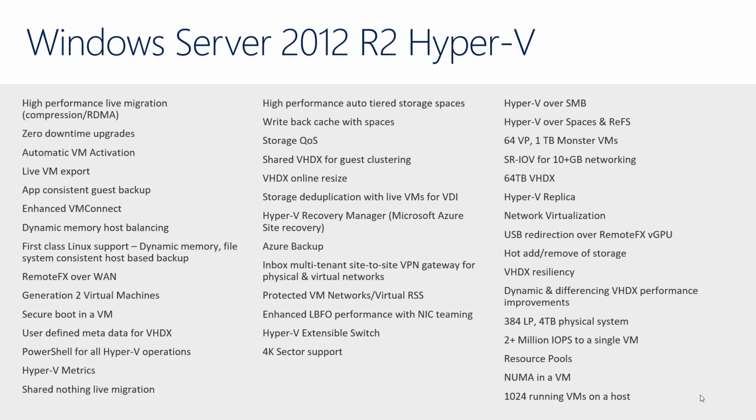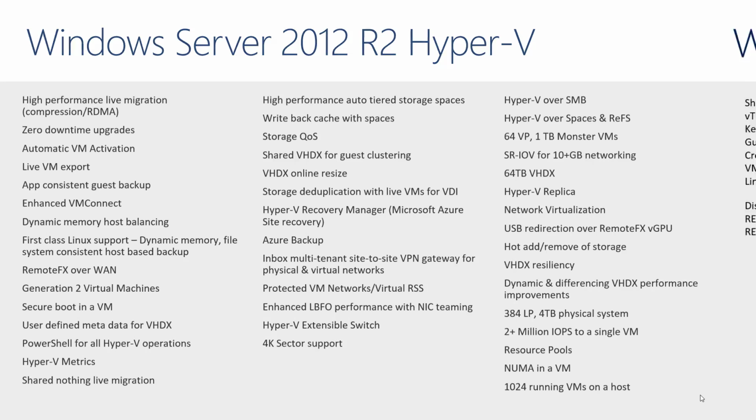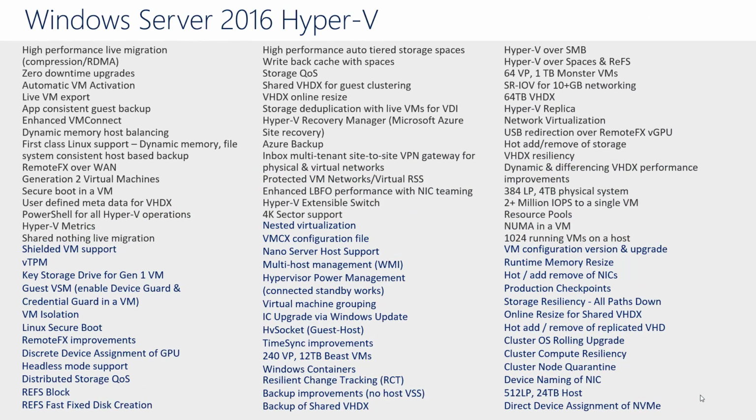Now, there are some capabilities that have been in Hyper-V since 2012 and 2012 R2, but as we jump into 2016, there's a whole host of new capabilities that have been added in. That's quite an astounding change. If we start taking a look at some of these, quite a few of them were in Windows 10 before they became available in Windows Server 2016.